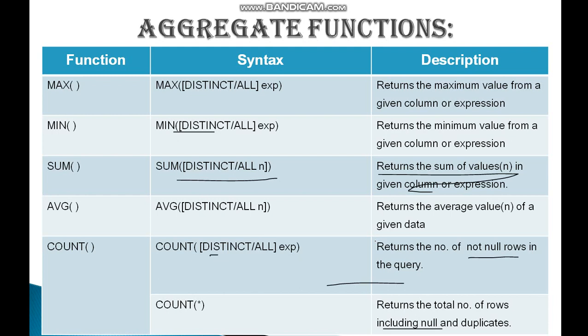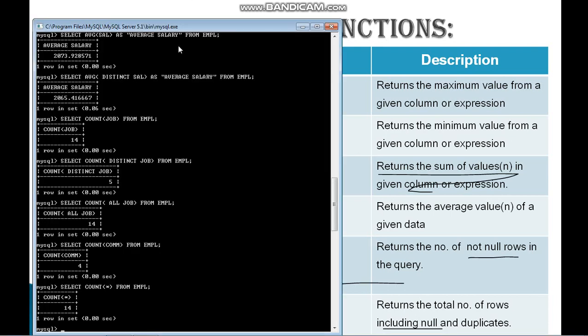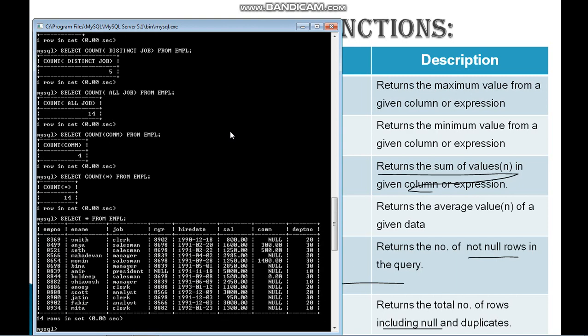See here, in my employee table, if I want to find the salary of all the jobs, meaning how much salary all the clerks are getting, how much salary all the salesmen are getting, I have to group the jobs according to their designation. So for that we have to use a certain clause, which is used with the aggregate functions.